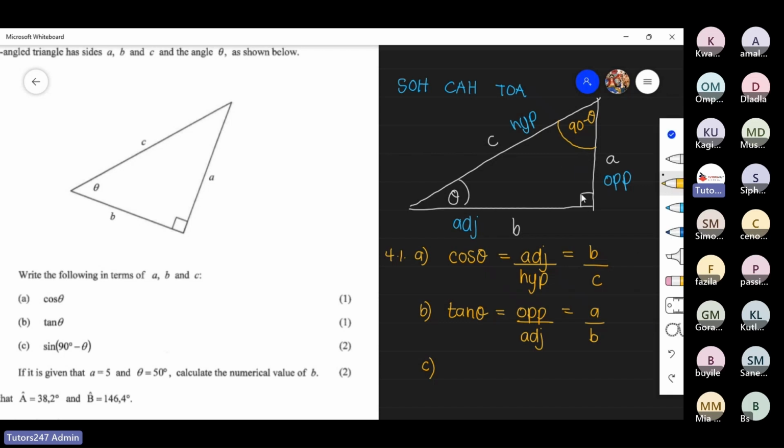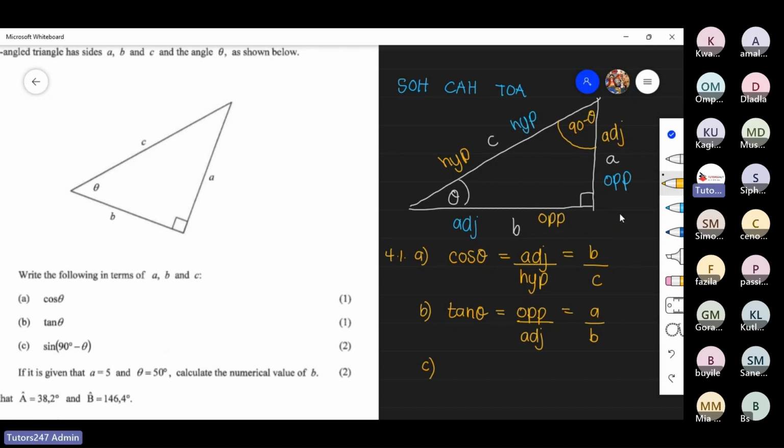First step, do you see that the hypotenuse has not changed? It's still opposite the 90-degree sign. So this will remain as hypotenuse. Now the opposite to 90 minus theta is B. So we're going to label this opposite. And the side under 90 minus theta is going to be the new adjacent.